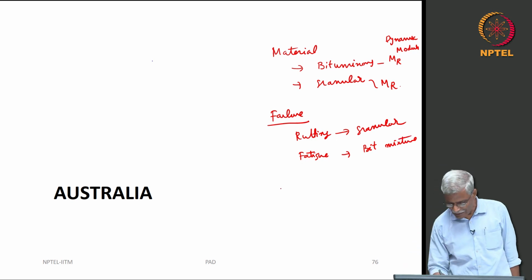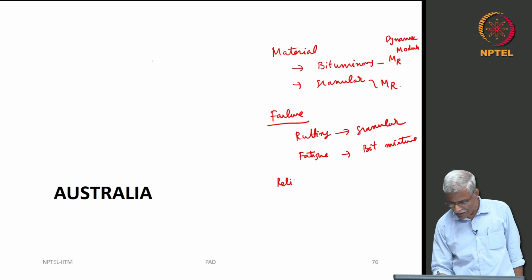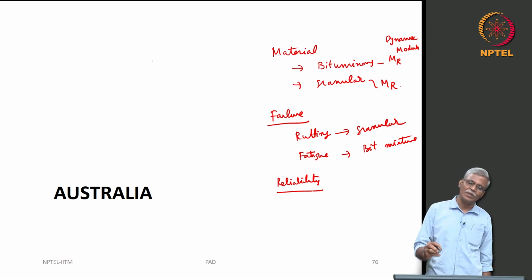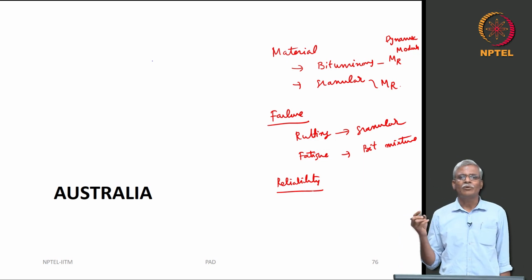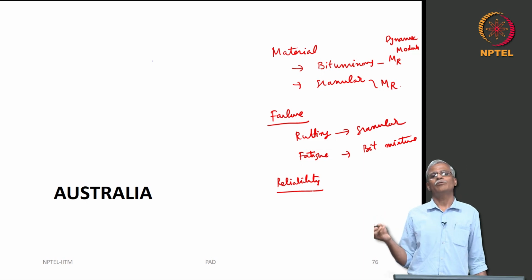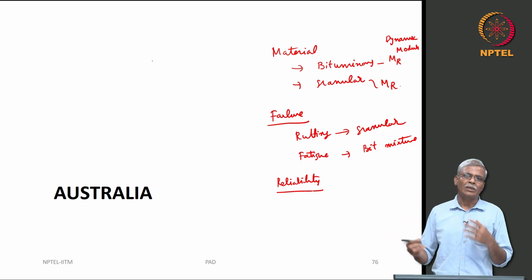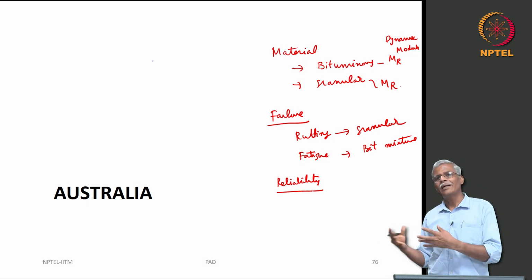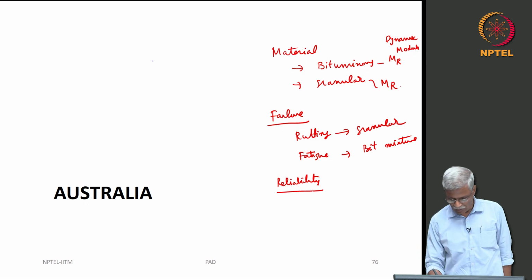So, this is the failure thing. Reliability. Now, you can talk in terms of specifics for reliability, reliability for each layer, reliability for the whole pavement system. It all depends on how much of data that we have processed in writing this pavement design code.